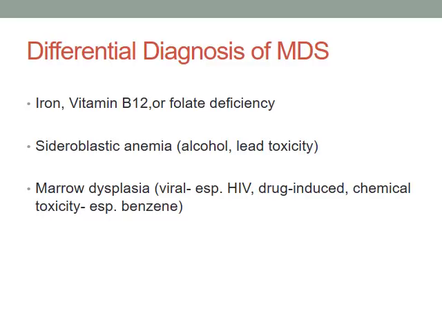Things to look at include iron deficiency, B12 deficiency, and folate deficiencies, sideroblastic anemia, especially those caused by alcohol or lead toxicity, any type of marrow dysplasia, which could be for a variety of reasons, and specifically concerns such as viral infections like HIV, drug-induced marrow dysplasias, and chemically induced marrow dysplasias such as exposure to benzene.